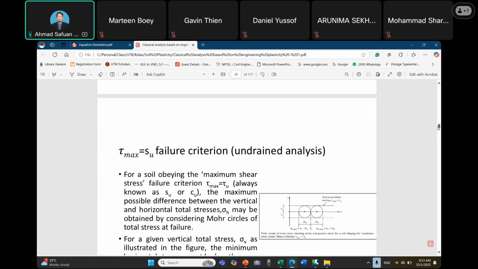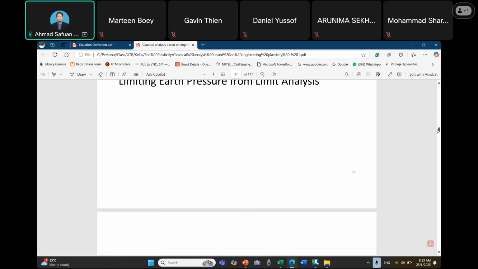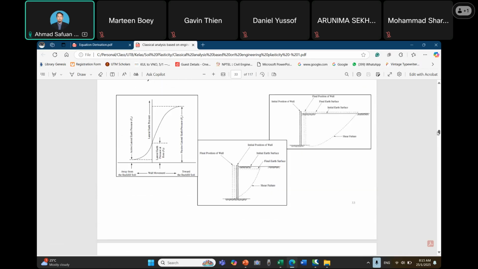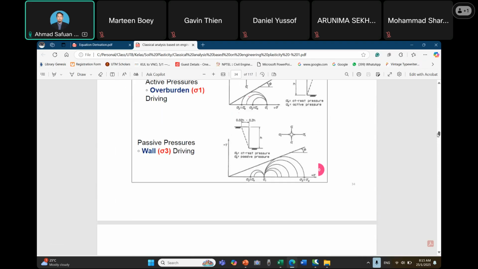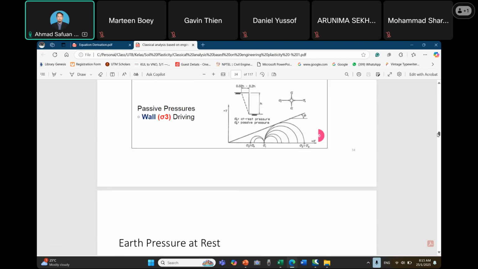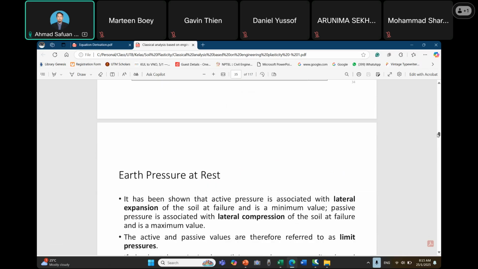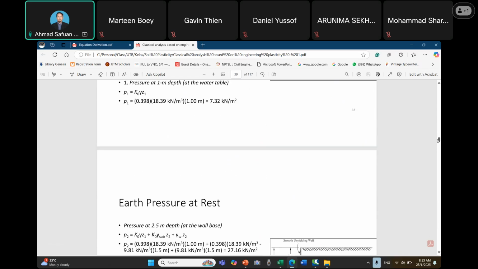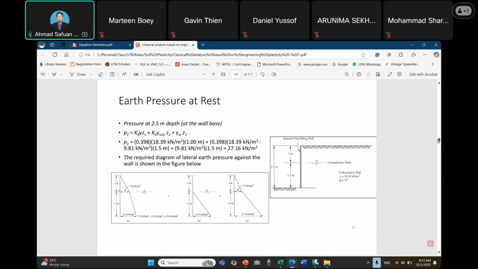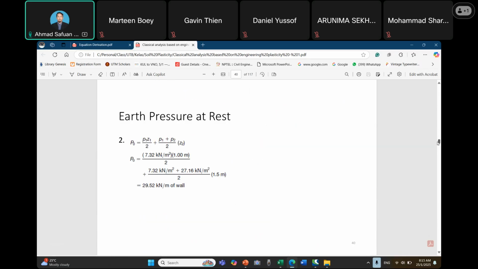I have already covered the explanation of the active, passive, and at rest. I started first with the earth pressure at rest, and then showed one example on the calculations for earth pressure at rest.